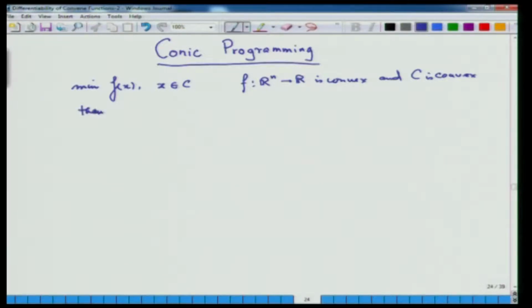then one can equivalently pose it as: minimize t.